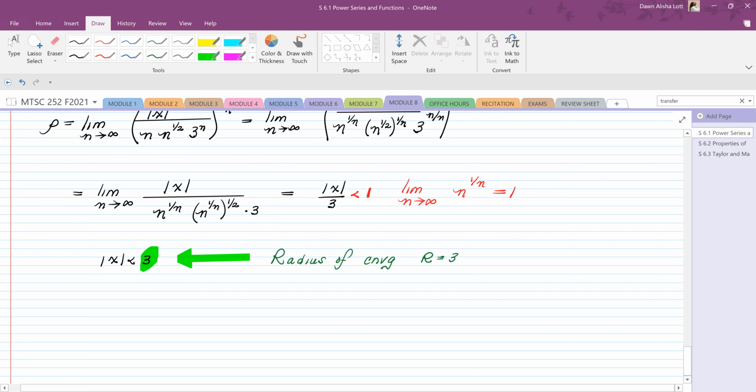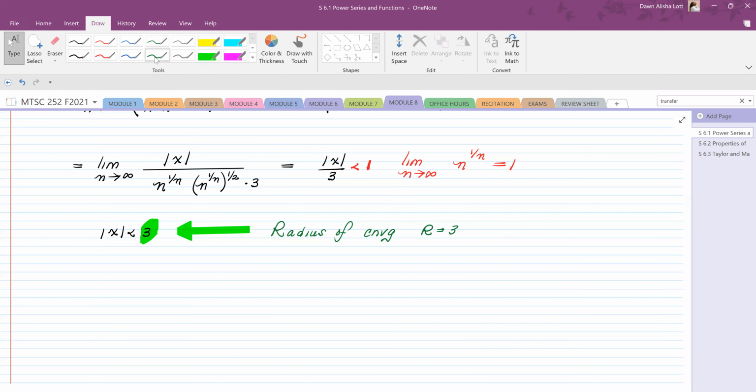Now we've got to do the interval of convergence, and we get -3 is less than x is less than 3.